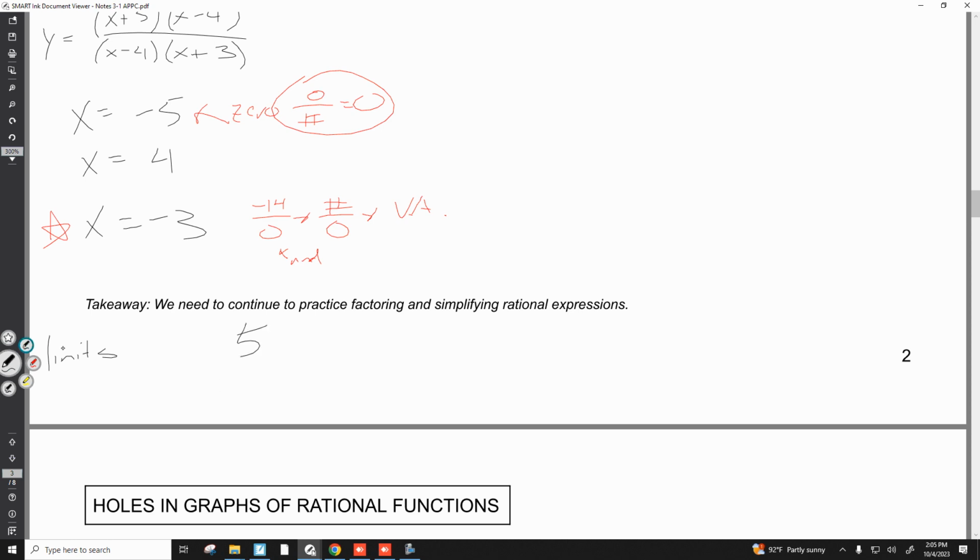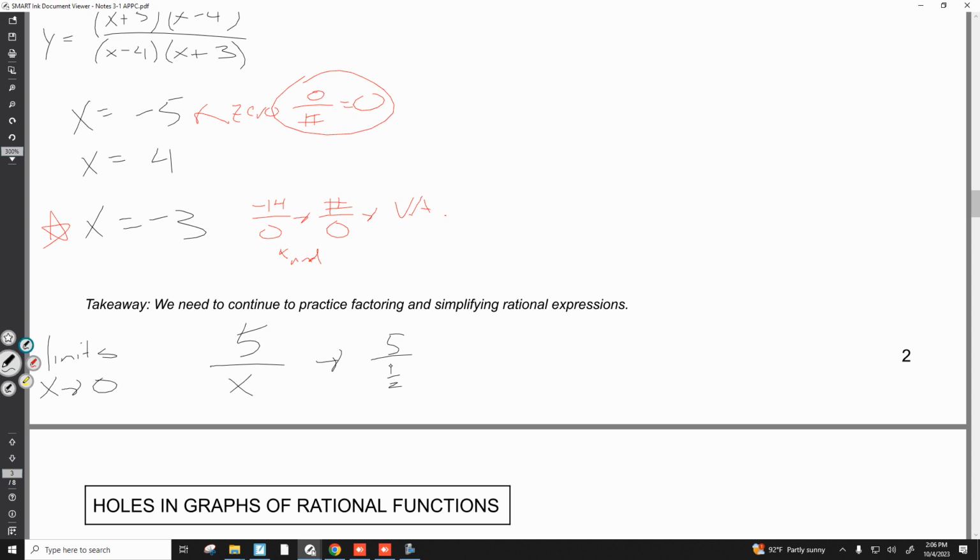And I'm going to think about 5 over x, and I want x to approach 0. It's not going to equal 0, but it's going to approach 0. And we are going to show what happens to 5 over x as x gets closer to 0. So let's start with 5 over a half. We're starting with a small value, but we're going to get that value close to 0.